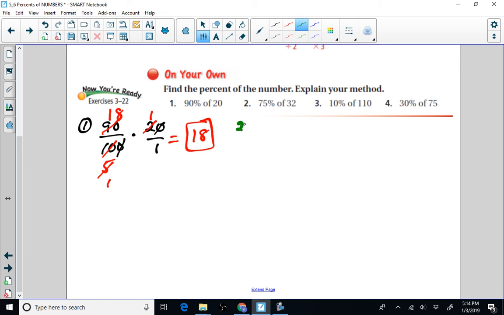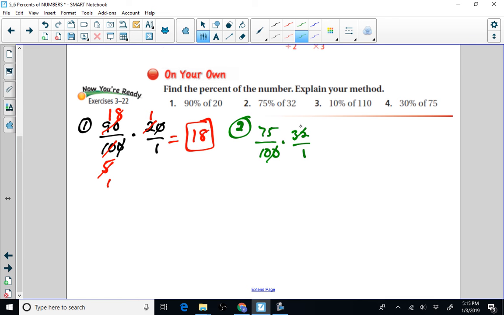Let's try problem number 2. Oops, that green is too thick. Problem number 2. 75% of 32. I would write 75 over 100 times, because the word of means multiply, 32 over 1. I want to divide out where I can. Well, 32 and 100, I can divide at least by 4.